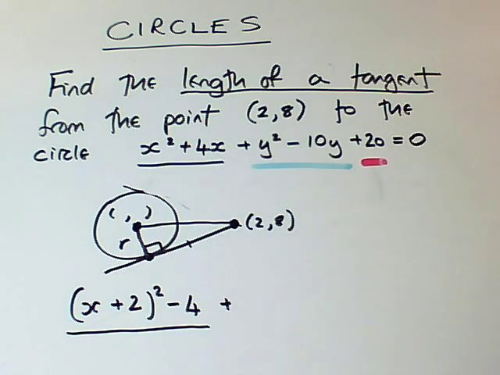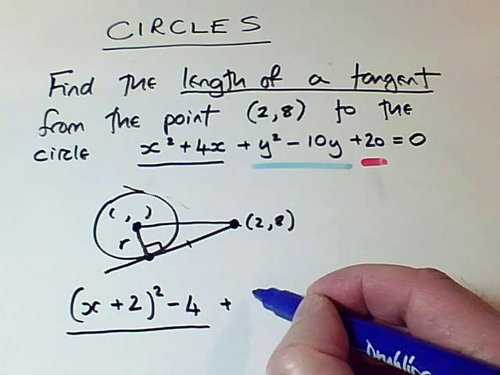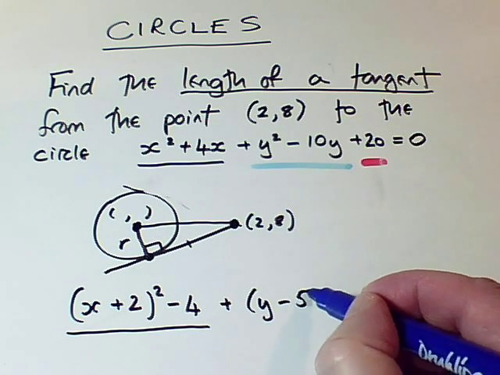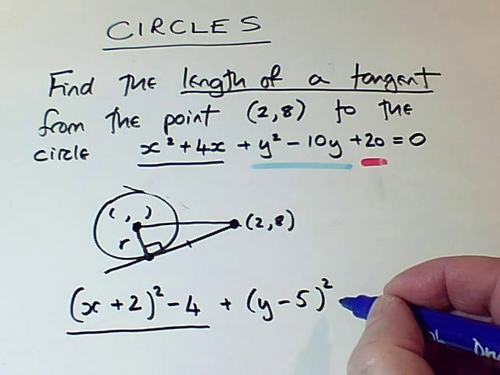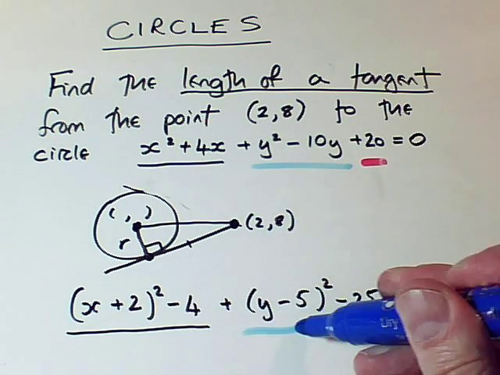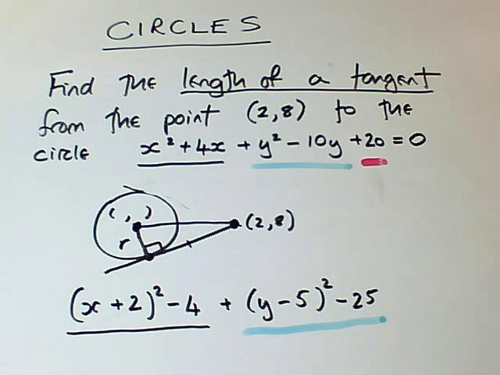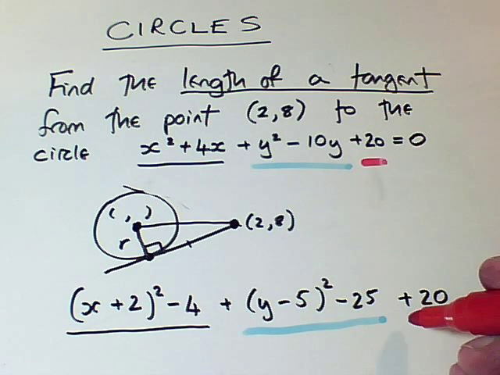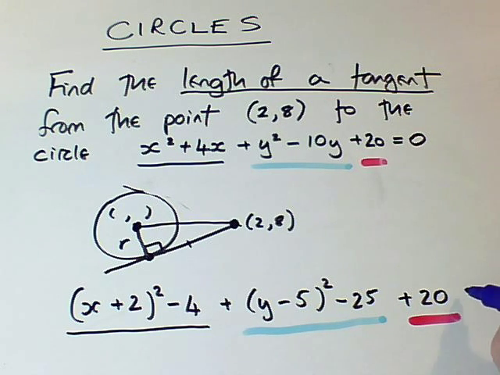Then the next part, the y squared minus 10y is y minus 5 in a bracket squared, and minus 5 squared is 25, so I need to take that away. So there's my blue part. And then easiest of all, I mustn't forget the plus 20, which is the bit in red, and I mustn't forget the equals naught either.